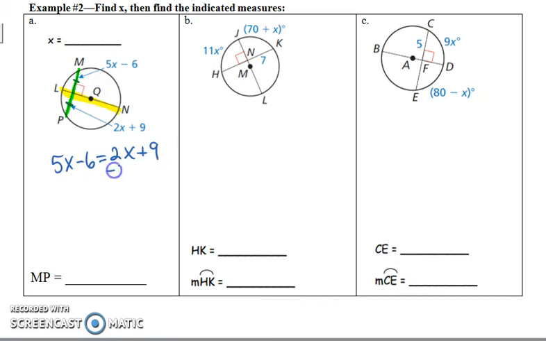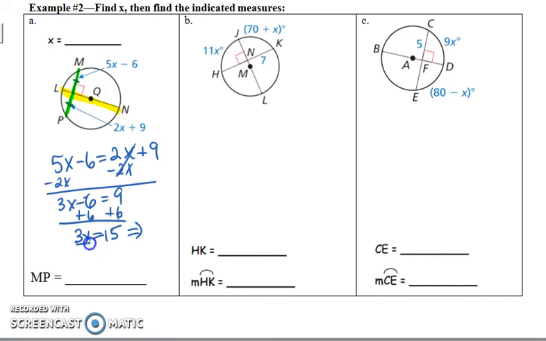and solve for X. So I'll subtract 2x on both sides. I'll add 6 to both sides. And I'll divide by 3 on both sides, leaving me with X is 5.